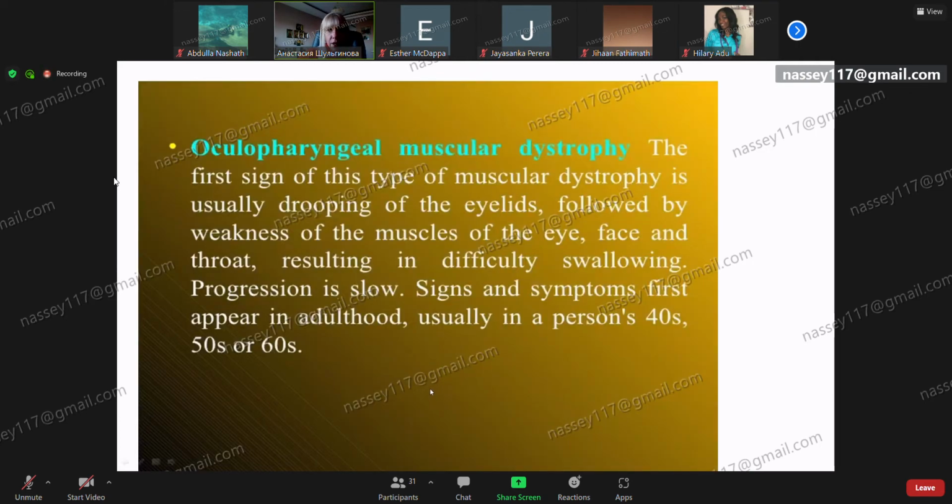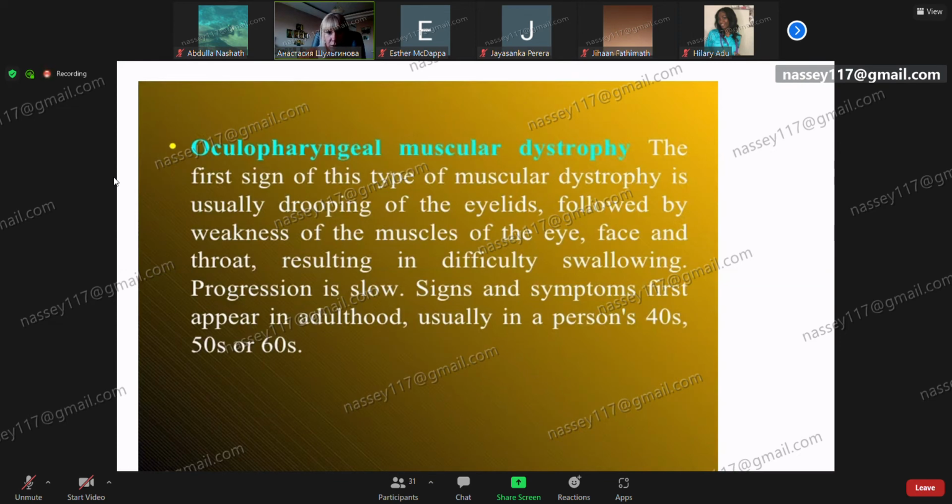So, oculopharyngeal muscular dystrophy. The first sign of this type of muscular dystrophy is dropping of the eyelid, followed by weakness of the muscles of the eye, face, and throat, resulting in difficulty swallowing. Progression is very slow.